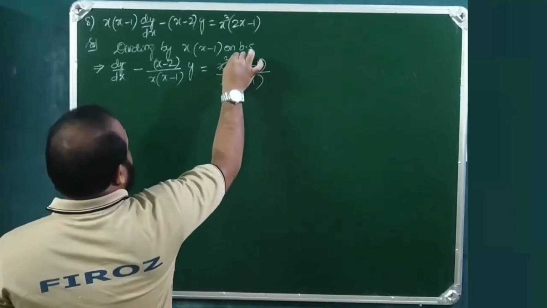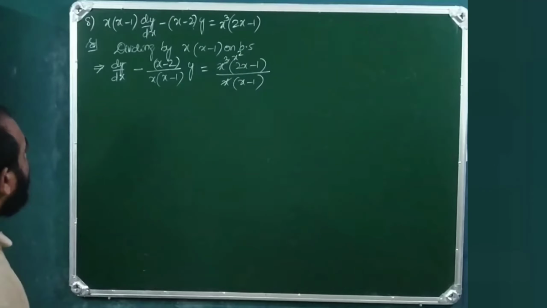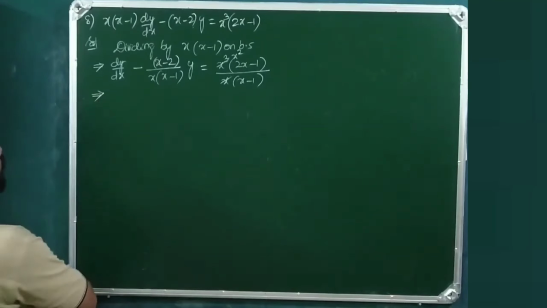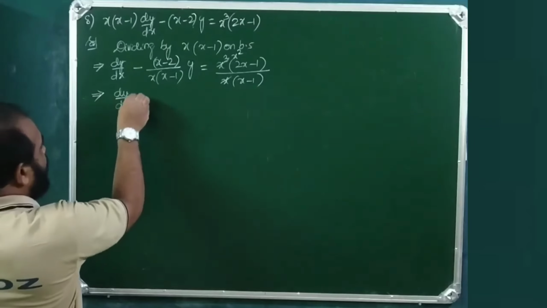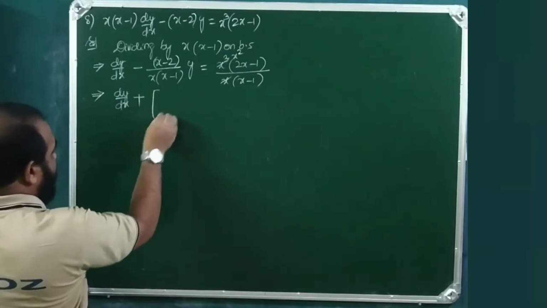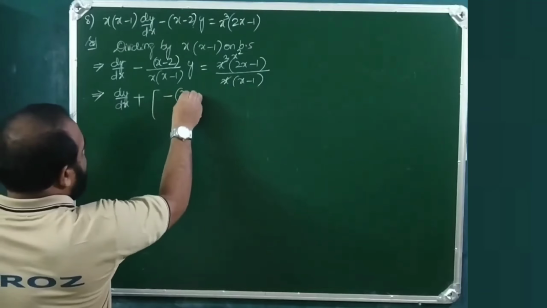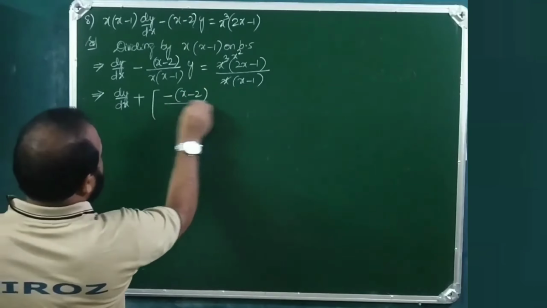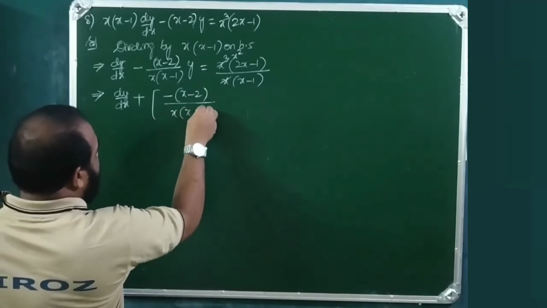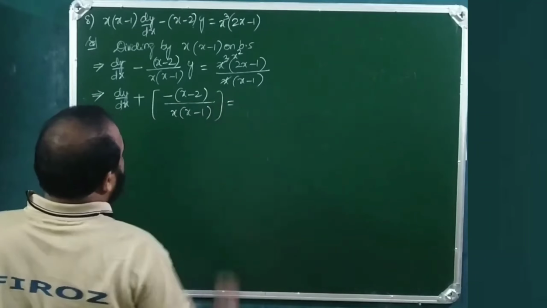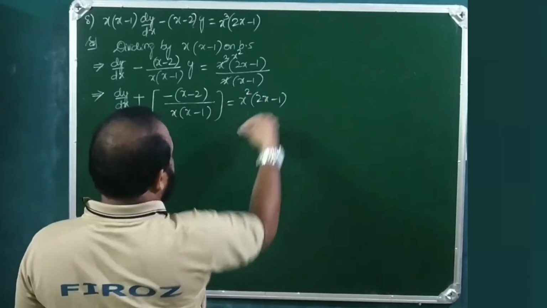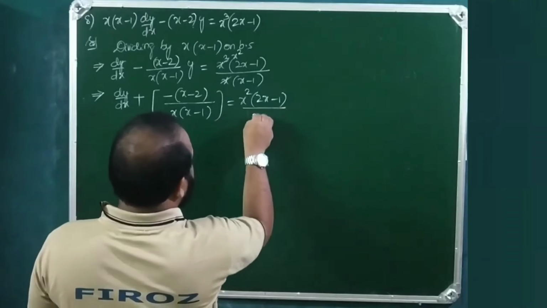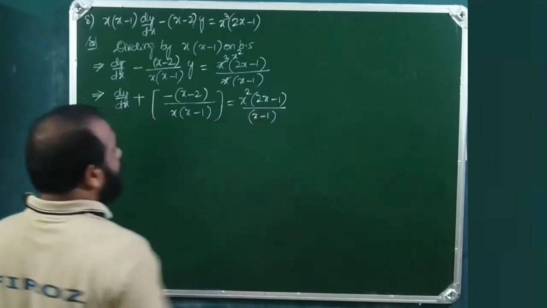So x square times, this is equals to dy by dx plus minus of x minus 2 by x into x minus 1 into y, we forgot the y, is equals to x square into 2x minus 1 by x minus 1.